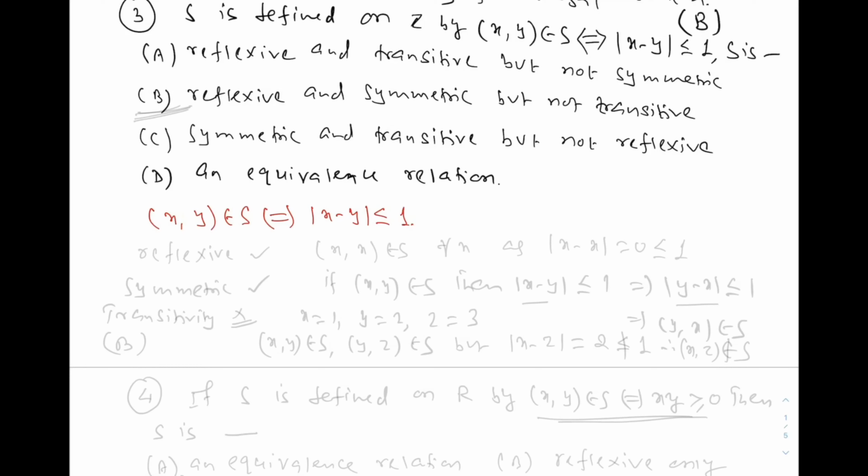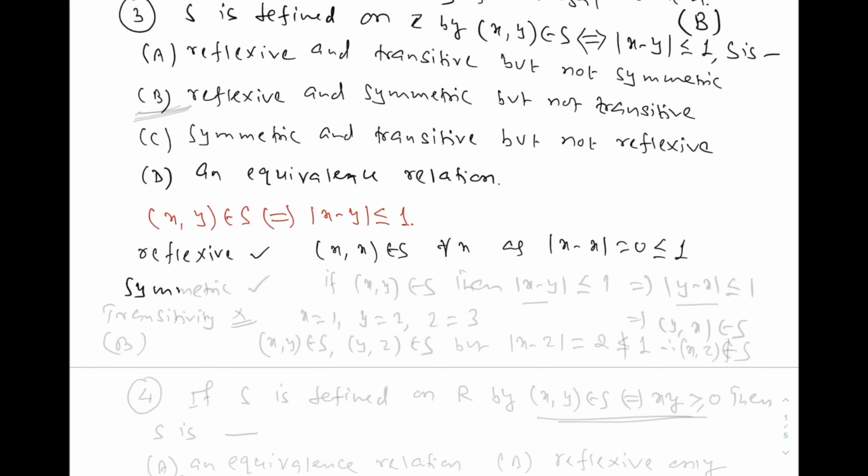Now, reflexive is surely there, because that is easy to see. (x,x) surely belongs to S for all x, as modulus of x minus x equals 0, and that is less than or equal to 1. So reflexive is there.